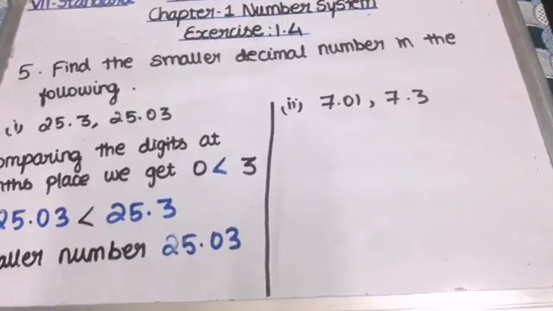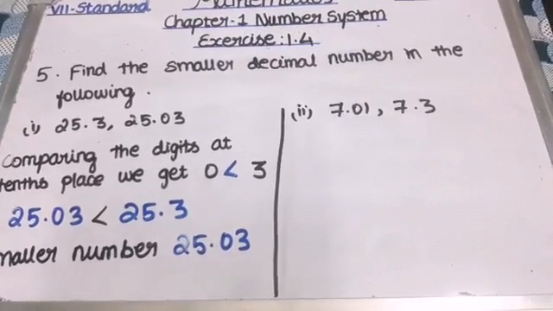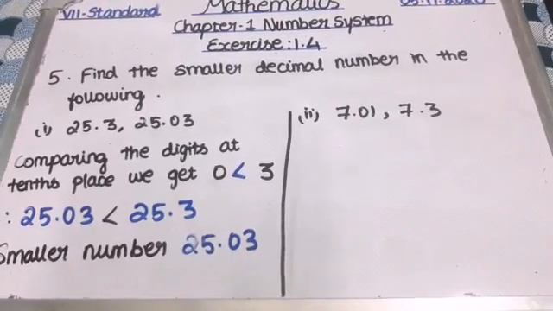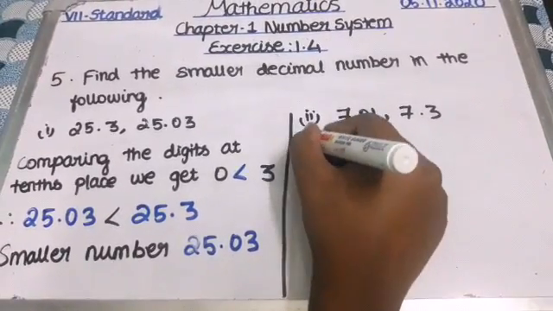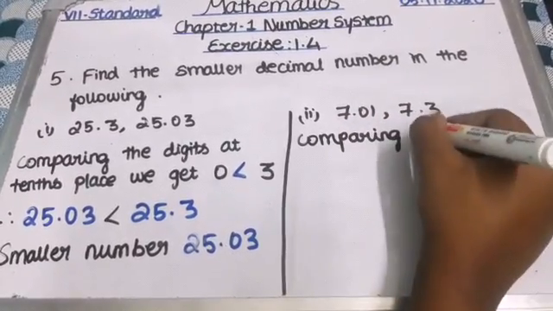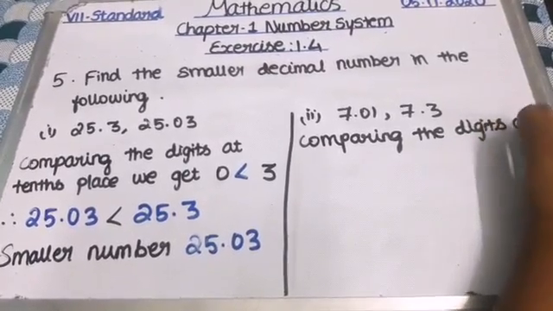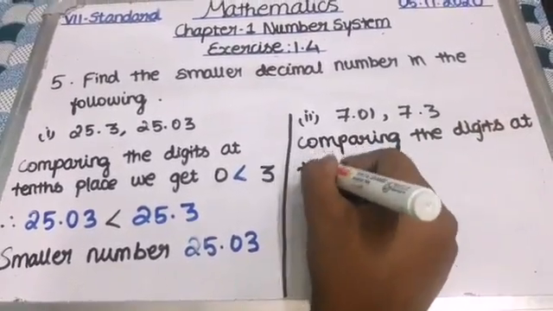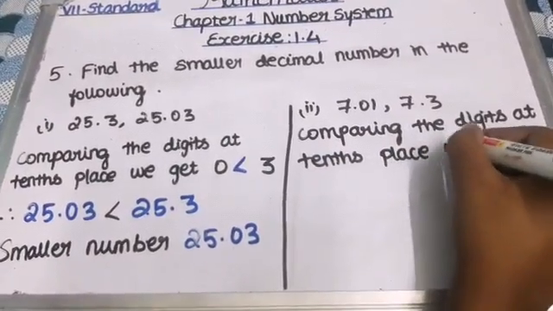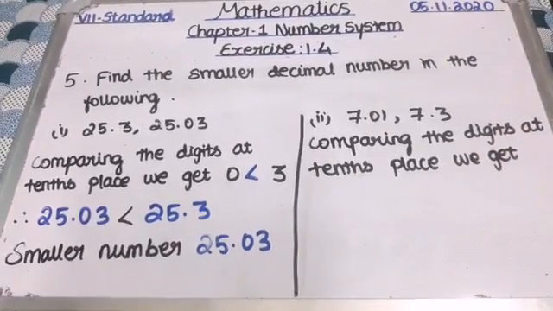Okay, students. Now we move on to our second division. Here also, first we need to compare the whole number parts. Here also the whole number parts are equal. So what can we take? We take the digit at the tenths place. Comparing the digits at the tenths place, what numbers do we get?